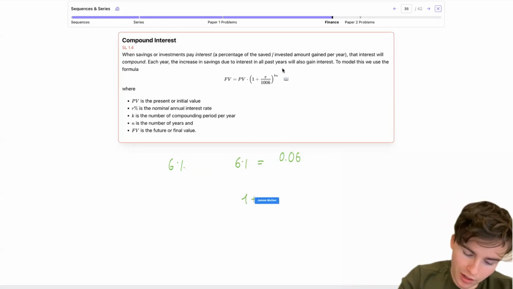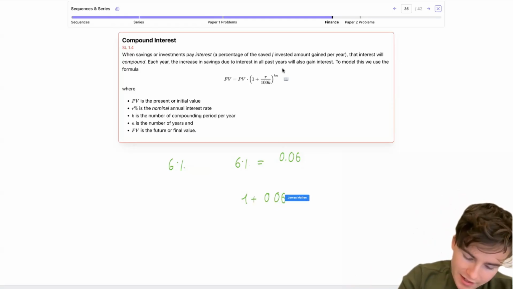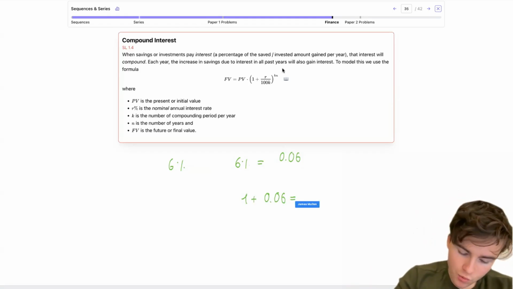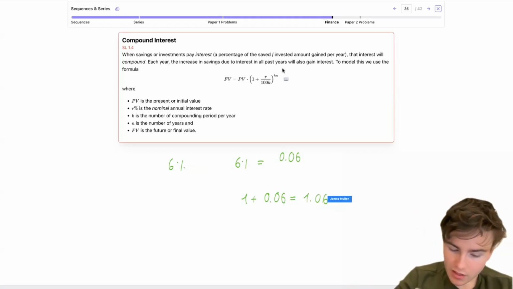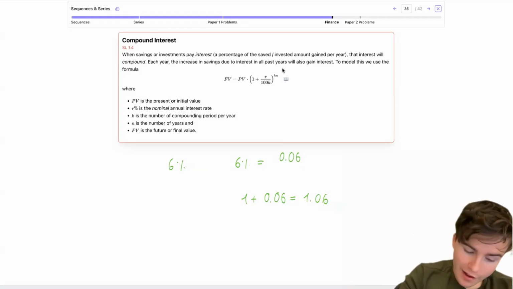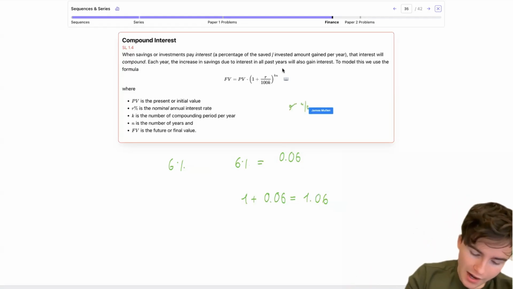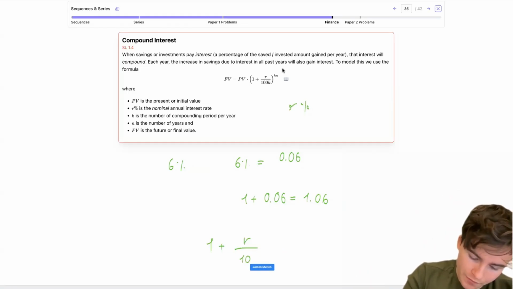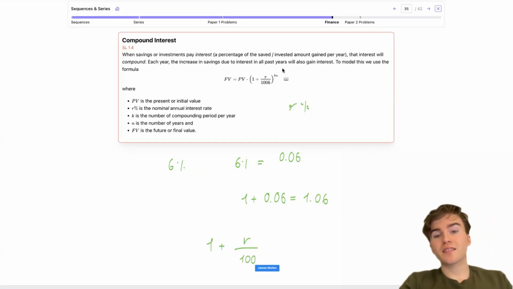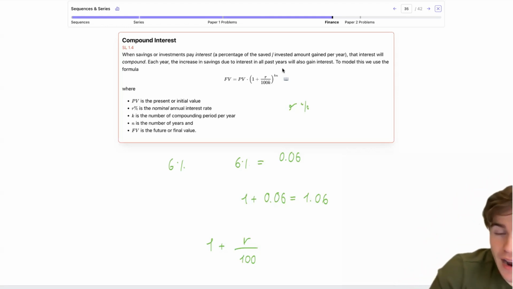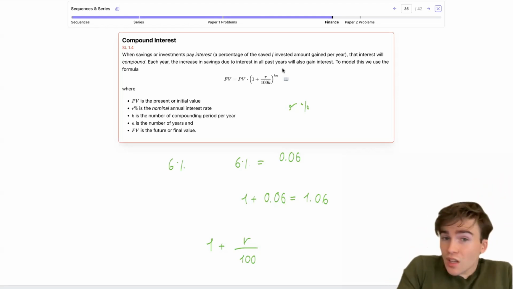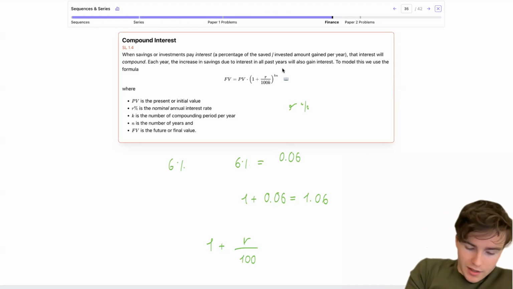So I do 1 plus 0.06, which means that the multiple that I'm earning per year is 1.06. In general, if I have R%, I have to do 1 plus R over 100, because I have to convert from percent to decimal to find the multiple that I'm earning per year.